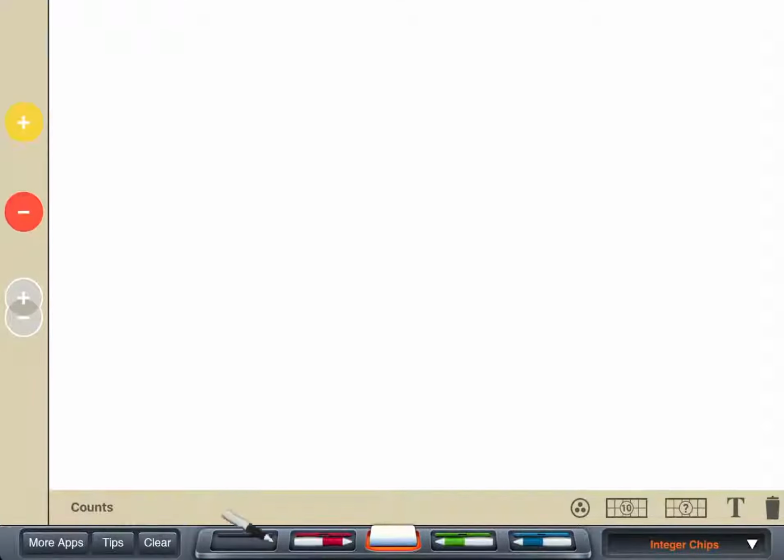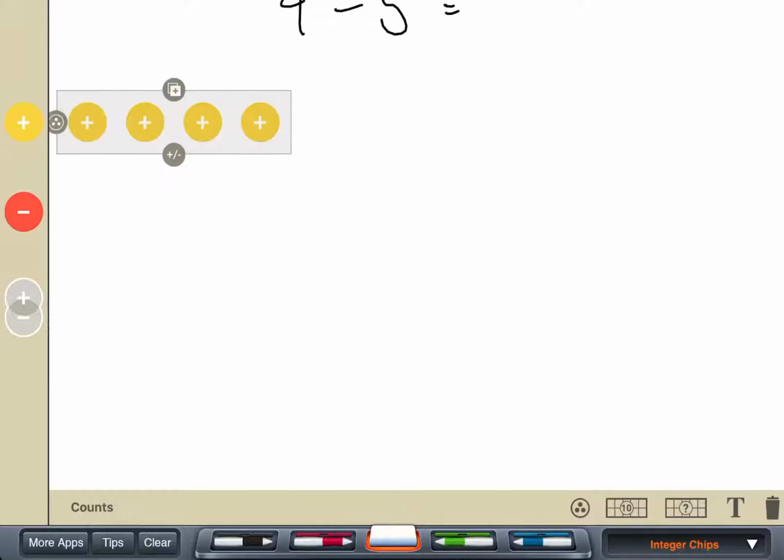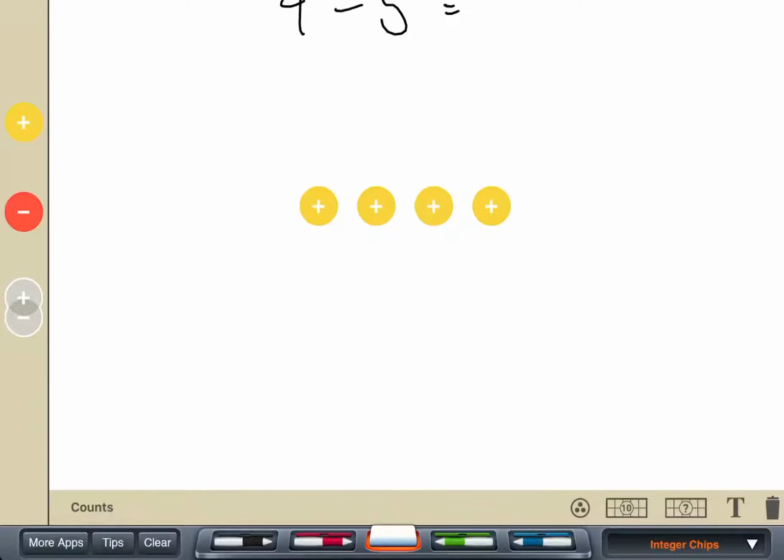The question that we had above and earlier was 4 minus 5 is equal to what? We have 4 positive counters. 1, 2, 3, 4. Let's move these over here. I need to take away 5 positive counters, but I don't have enough. What I'll need to do is add a 0 pair right here.